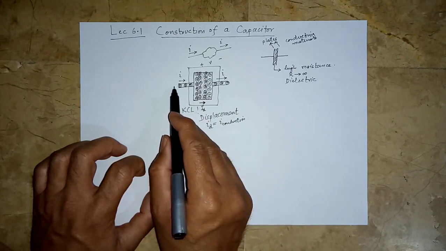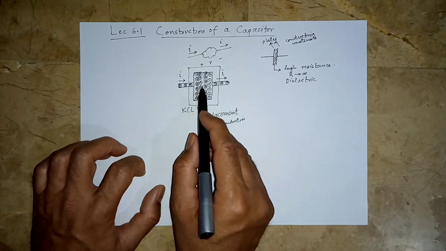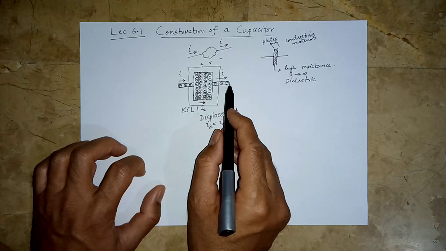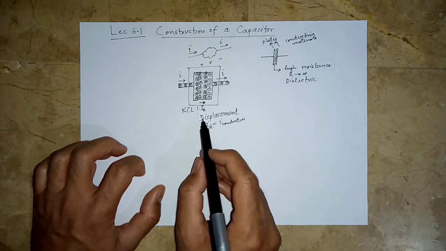So charge moves here, here charge displaces itself, and charge flows out of it. But looking from our point of view, what we need is actually achieved.